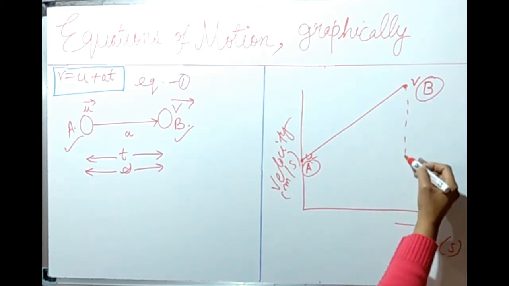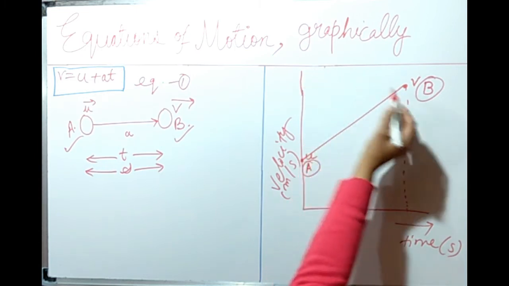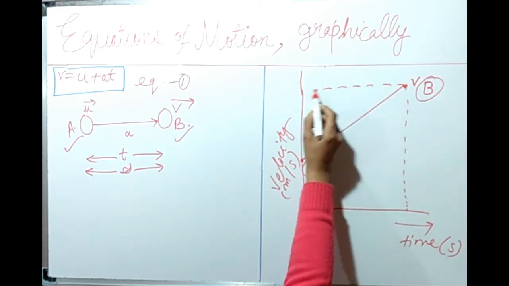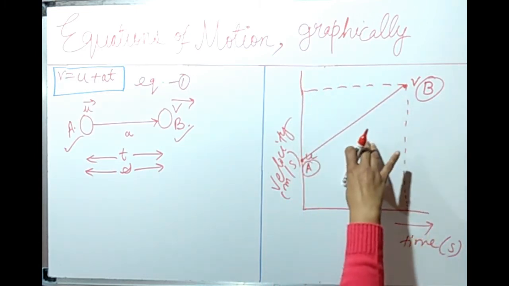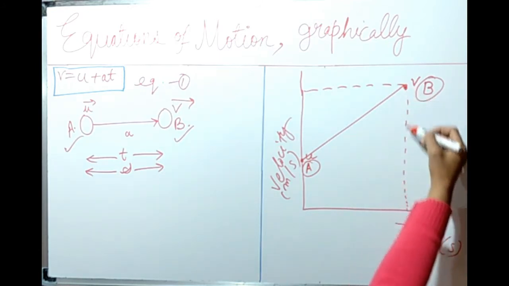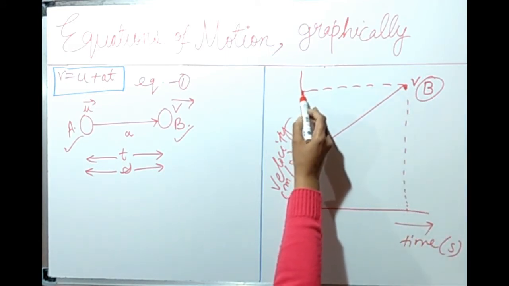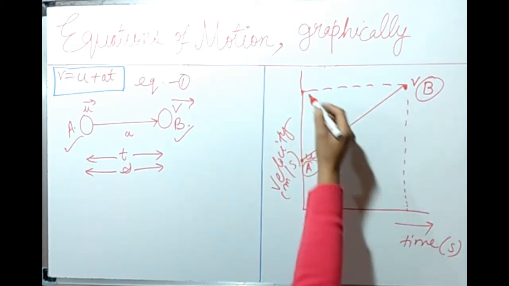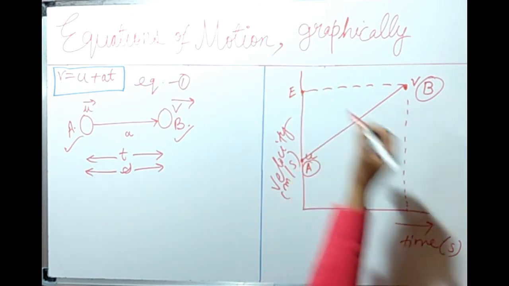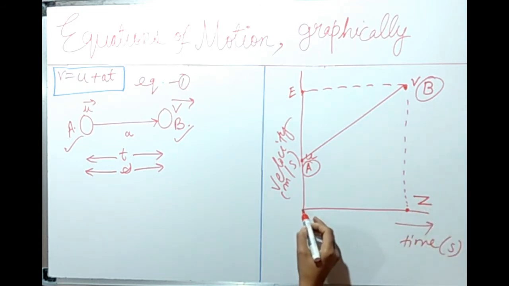Draw a perpendicular on x-axis and y-axis respectively. What construction have we done? We have drawn a perpendicular from point B on x-axis and a perpendicular on y-axis. Let's say this point is E, and on x-axis this point is Z, and this is the origin O.